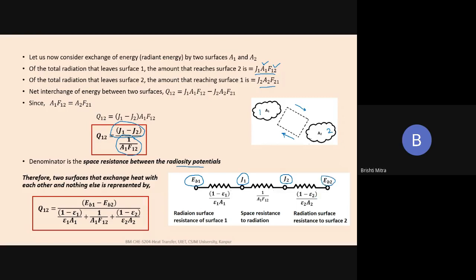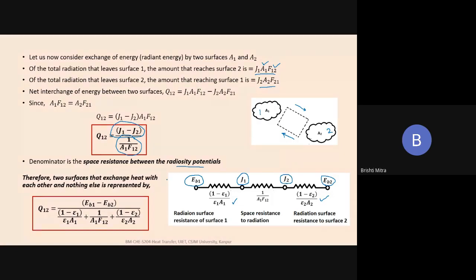The resistances between them are 1 minus epsilon 1 divided by epsilon 1 A1, which is the radiation surface resistance of surface 1; this is the space resistance to radiation; and this is the surface resistance of surface 2.